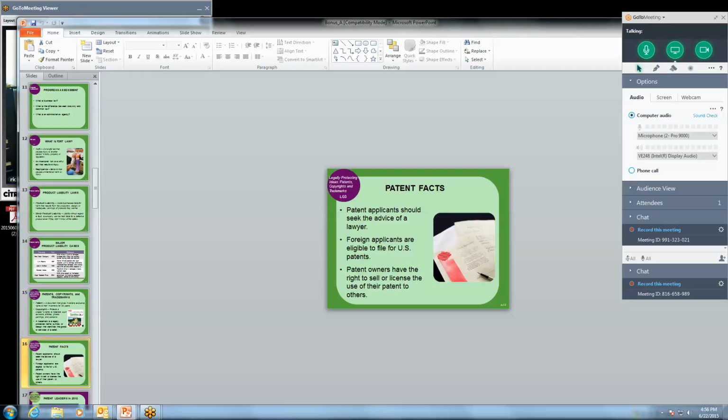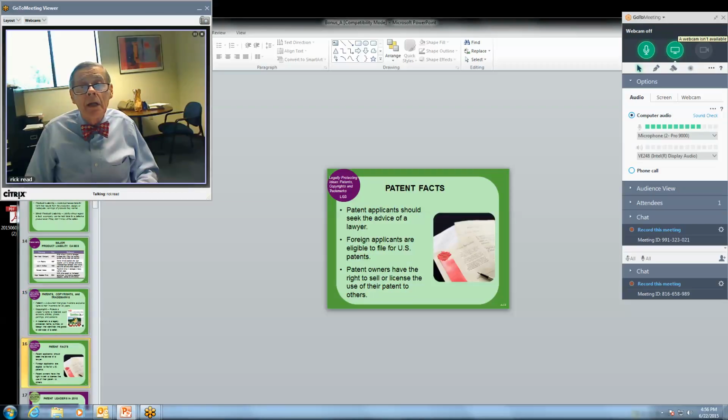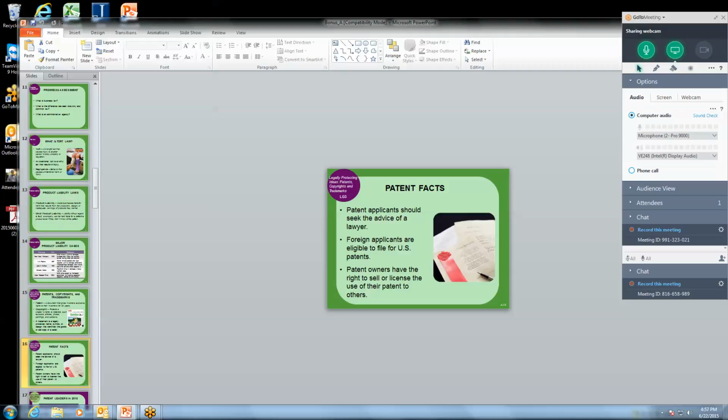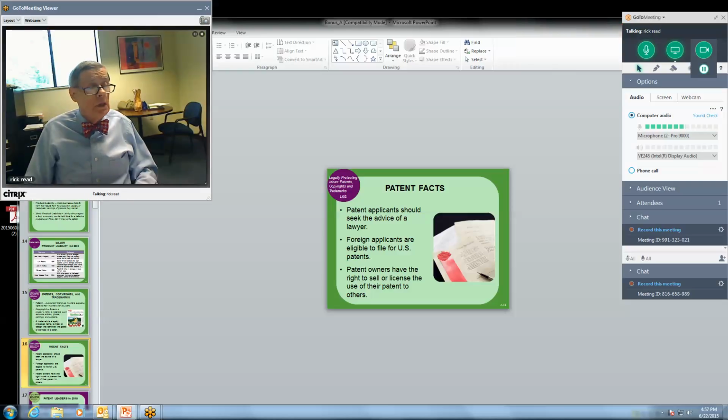Now, these are patent facts, and I'm not going to go over that a whole lot, other than to tell you that if you have an inventive capacity and you're interested in developing a patent, get a hold of someone who knows patent law.